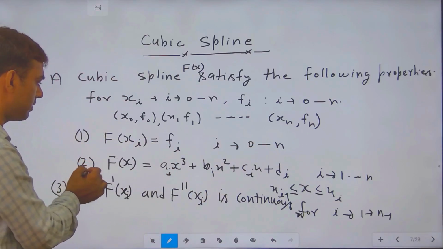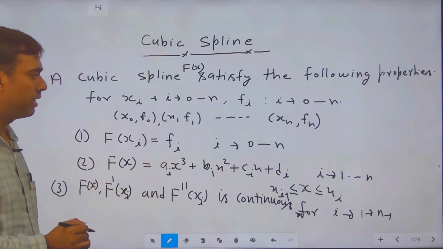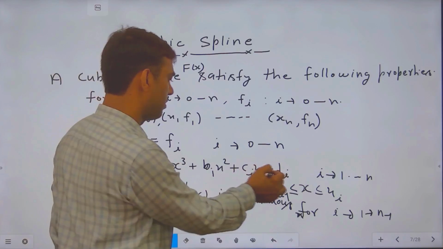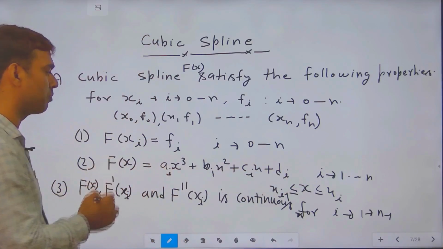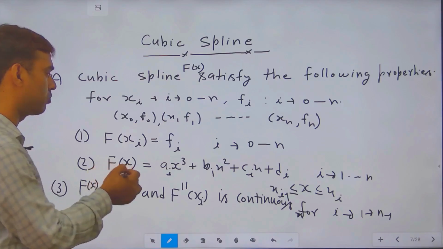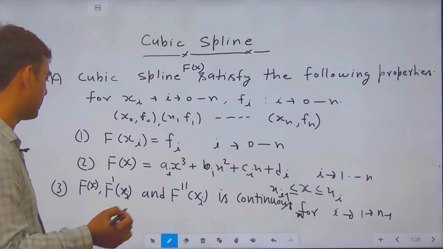Second, f(x) is a cubic polynomial in each class interval. In each class interval, x0 to x1 there is one polynomial of degree 3, x1 to x2 another polynomial, and similarly x_{n-1} to x_n another polynomial.